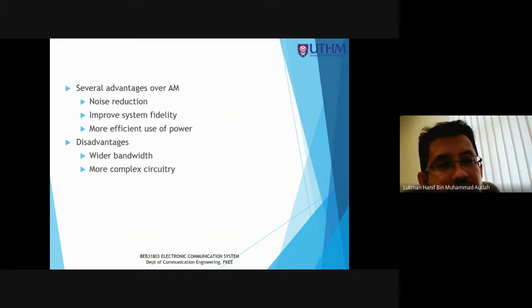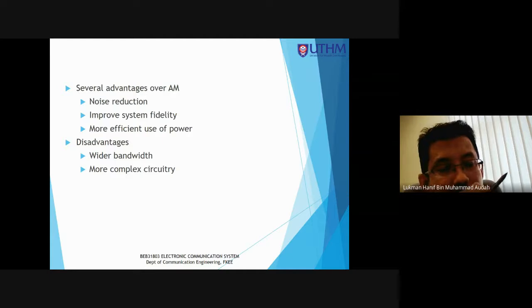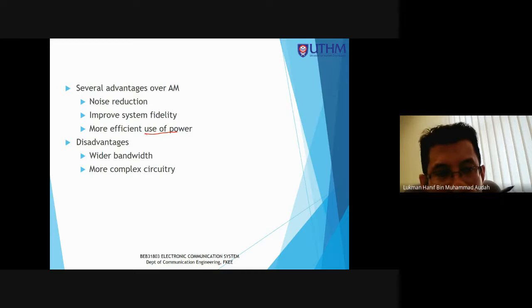There are several advantages over AM. This is to compare FM and PM. Noise reduction improves system fidelity, more efficient use of power. Disadvantage, so ini dia nak compare FM angle modulation dengan double sideband full carrier.